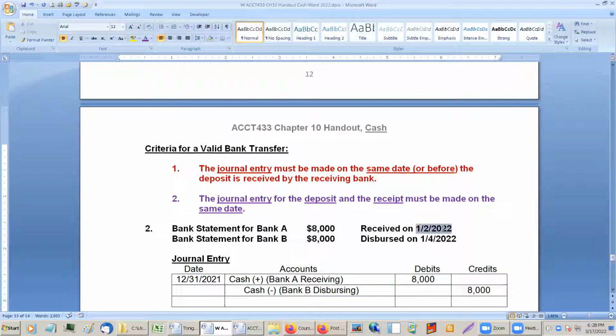The receiving bank got this on January 2nd. The journal entry was made on January 31st. Is this okay or is this a problem?